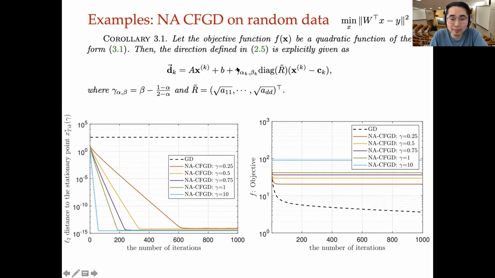When you set gamma equal to 0, the direction is just Ax plus b, which is the gradient direction. So the GD result is the case where gamma equals 0. Here I show this L2 distance to the stationary point.